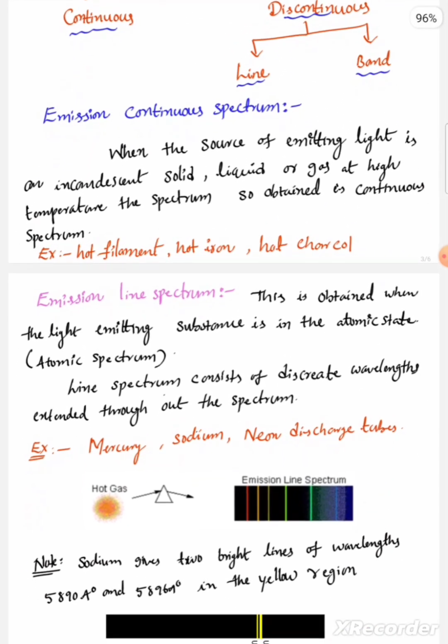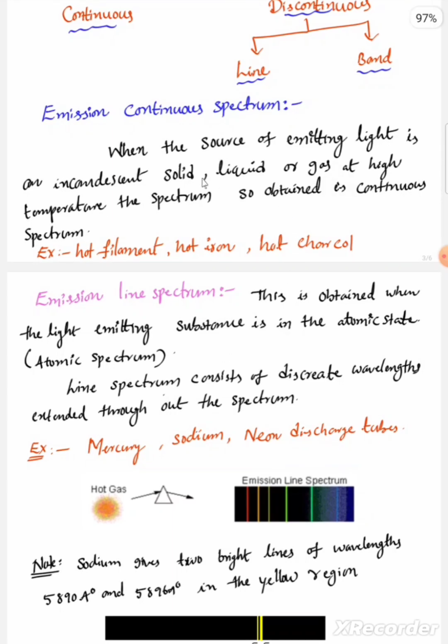Now, the emission continuous spectrum. The name itself says this is an emission spectrum which is continuous. When a source of light is incandescent, solid, liquid or gas at high temperature, the spectrum obtained is a continuous spectrum.